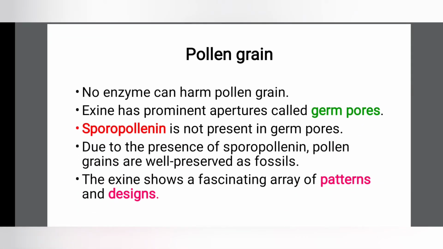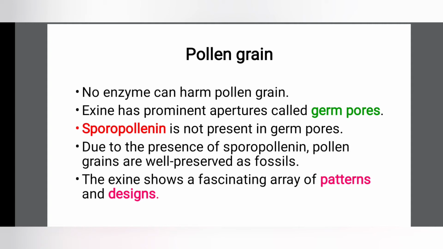No enzyme can harm pollen grain. Exine has prominent apertures called germ pores. The outer wall called exine is not a continuous one because it has got tiny holes, pores on its surface.